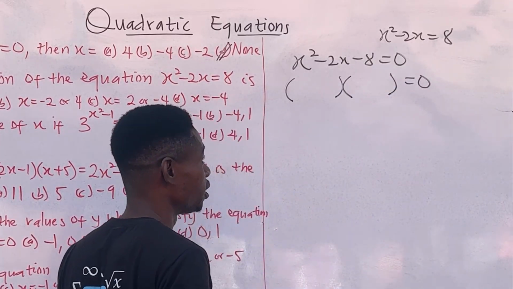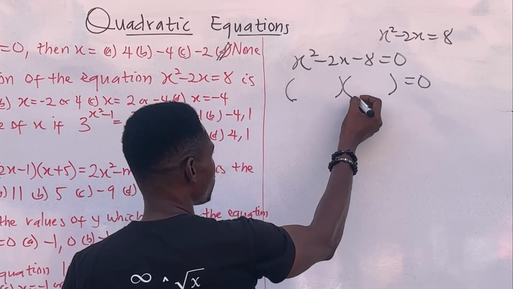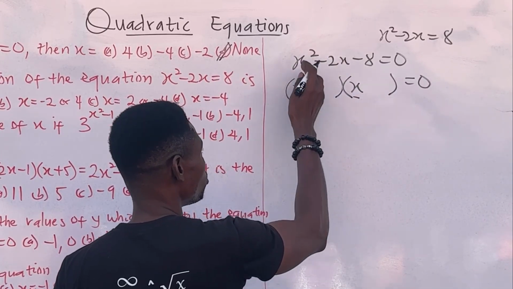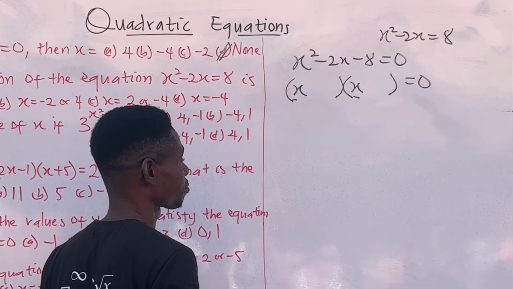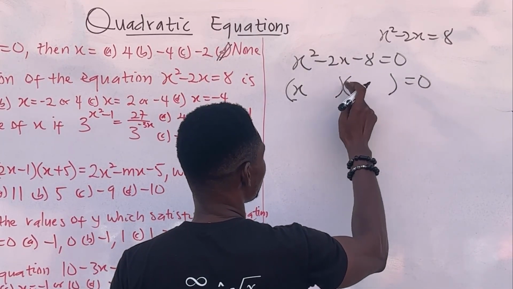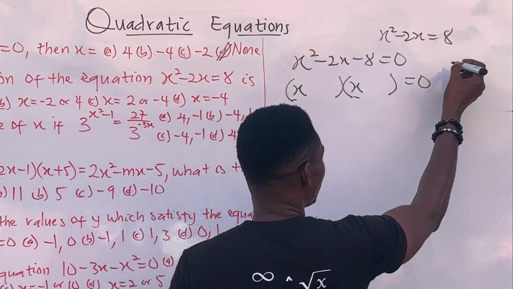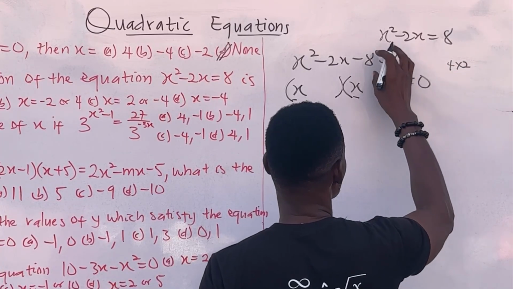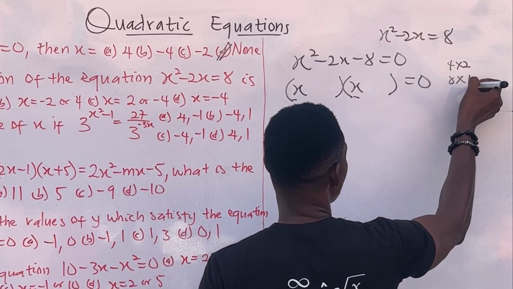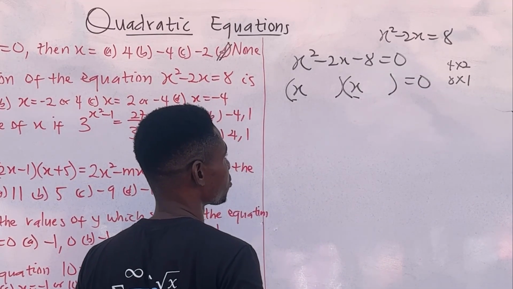So I explained to you already. If you multiply the first and the first, it will give you this first term, right? So which is x multiplied by x to give you x squared. Now if you multiply this second and this second, it will give you this 8. So it can be 4 times 2 to give you 8, or 8 multiplied by 1 to give you 8.